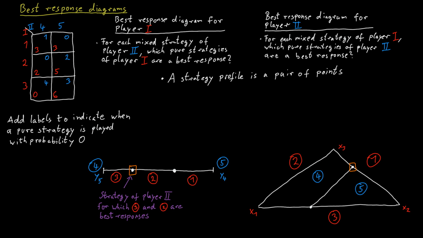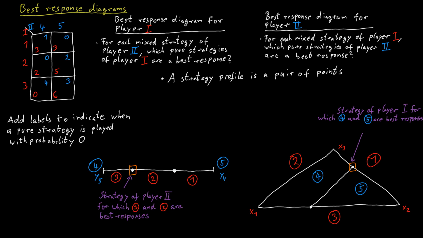Now, on the right side, I've indicated a point for player 1. It's a mixed strategy for player 1. And at that point, strategy 4 and 5 of player 2 are best responses. Now, that means 4 and 5 are best responses, and 2 and 3 are best responses, so almost everything is a best response. But what about strategy 1?